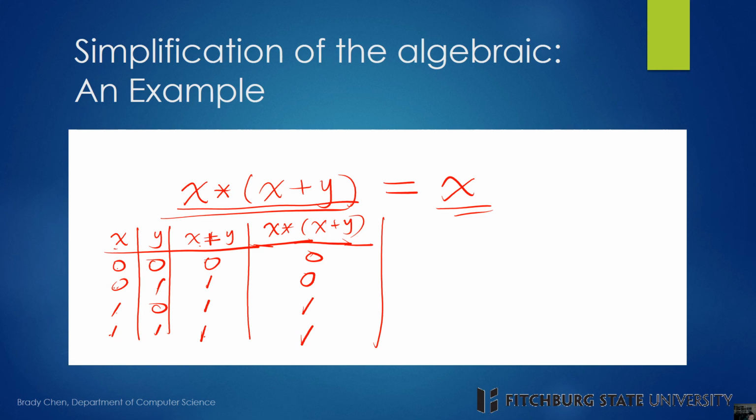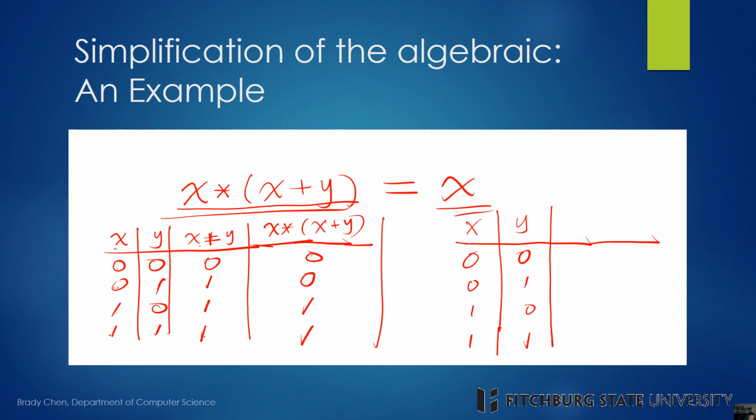Now the right side, you'll be confused a little bit because on the right side there's no y. But we can still put in values for x and y. Okay.